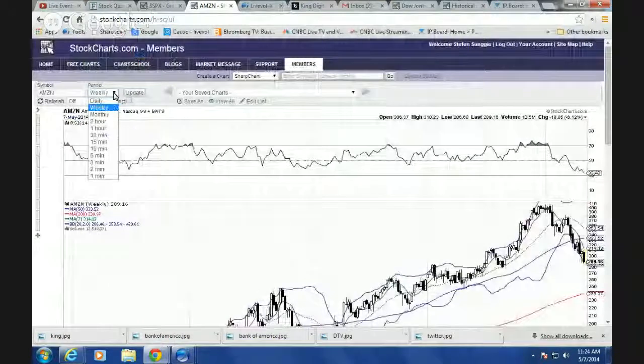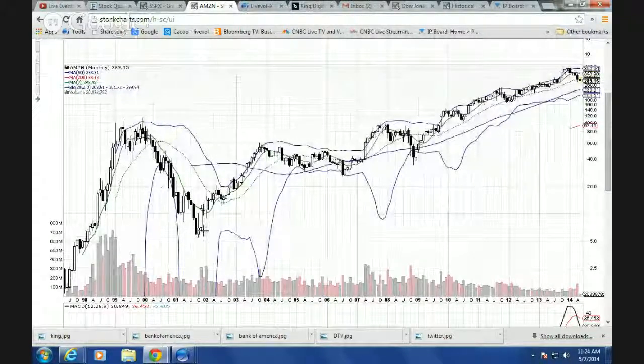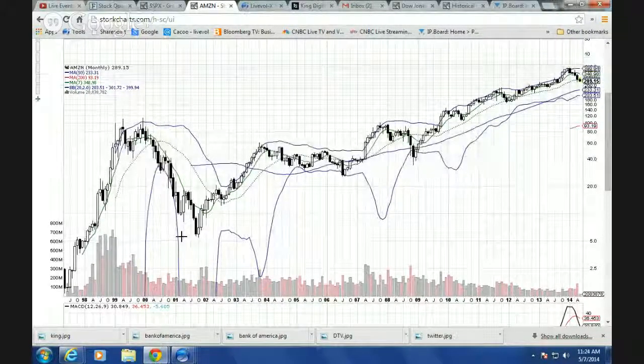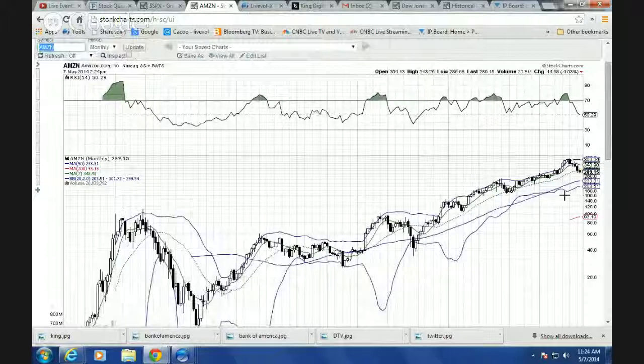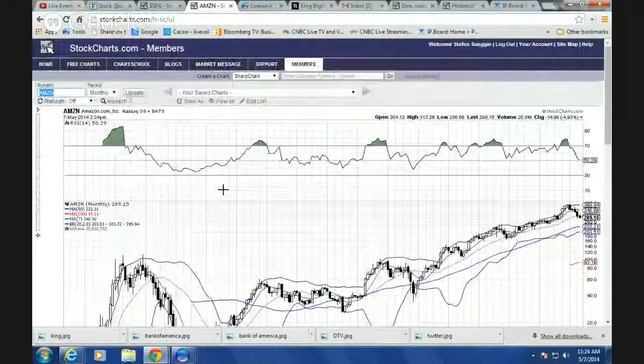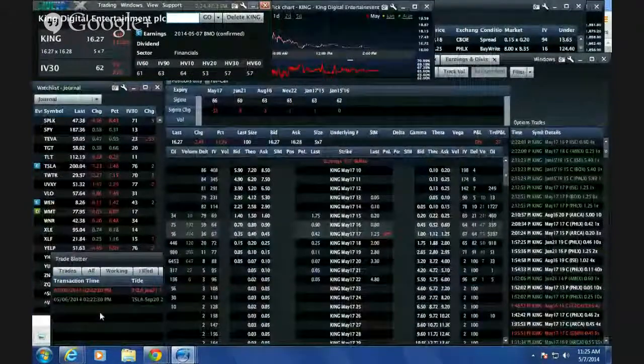I was surprised Amazon survived, but you can see after 2000 it went down to like $6, and since then it climbed. So you can easily go down quite a bit more. I think the best thing is to be patient, and you don't want to be in front of a moving train like that when everyone is selling.